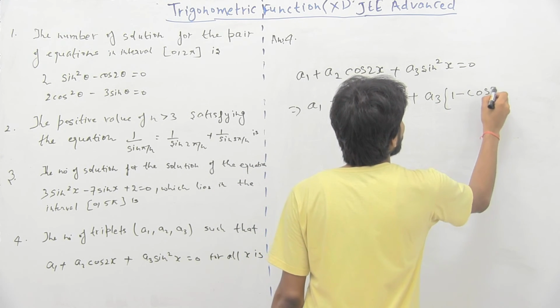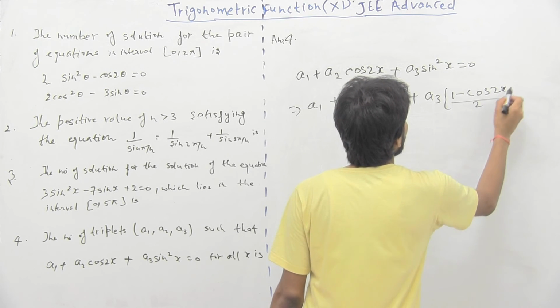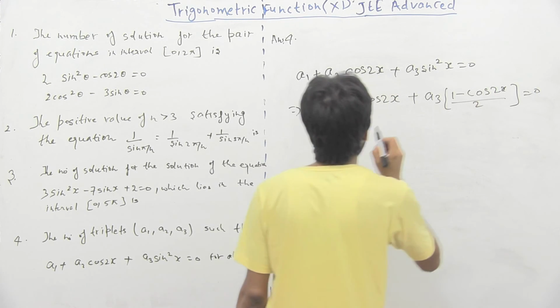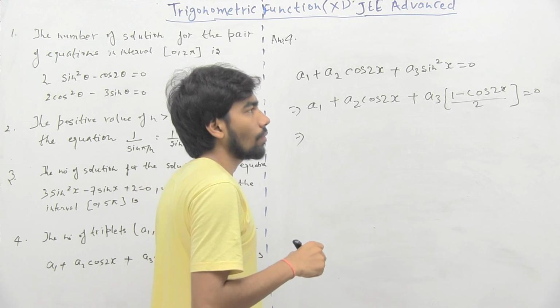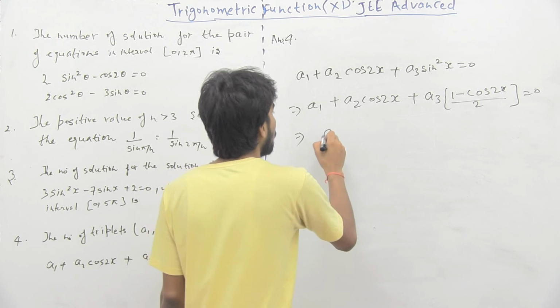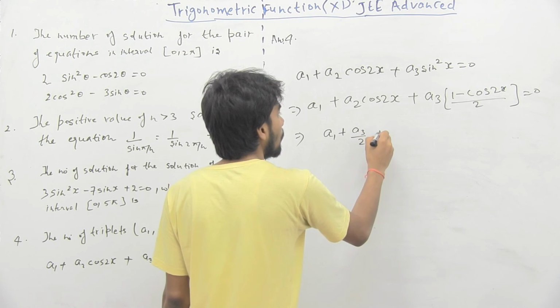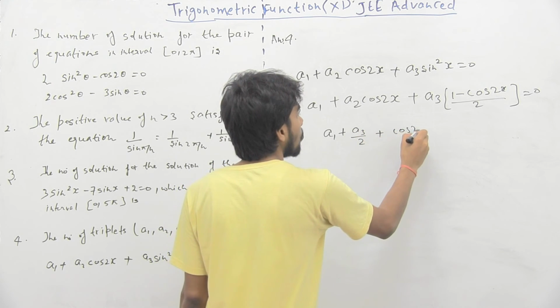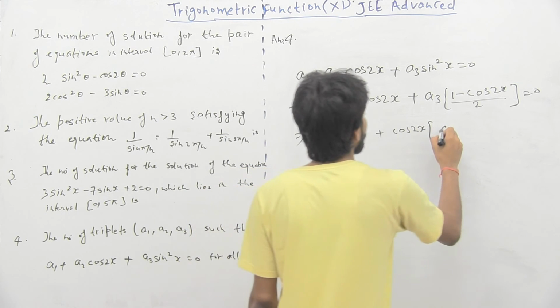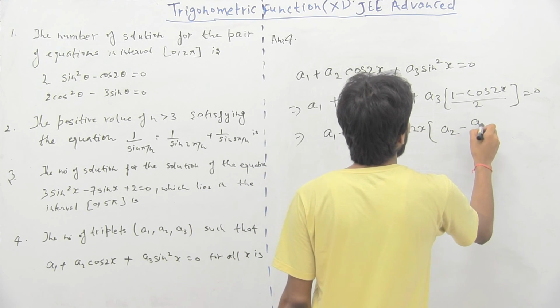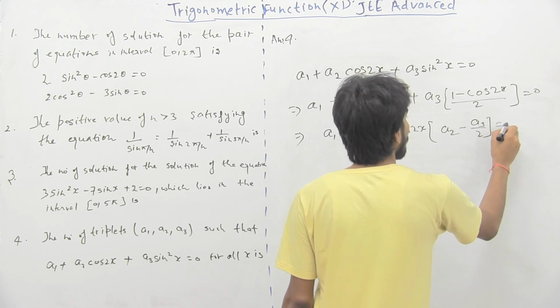So we will have a1 plus a3 by 2 plus cos 2x into a2 minus a3 by 2 equal to 0.